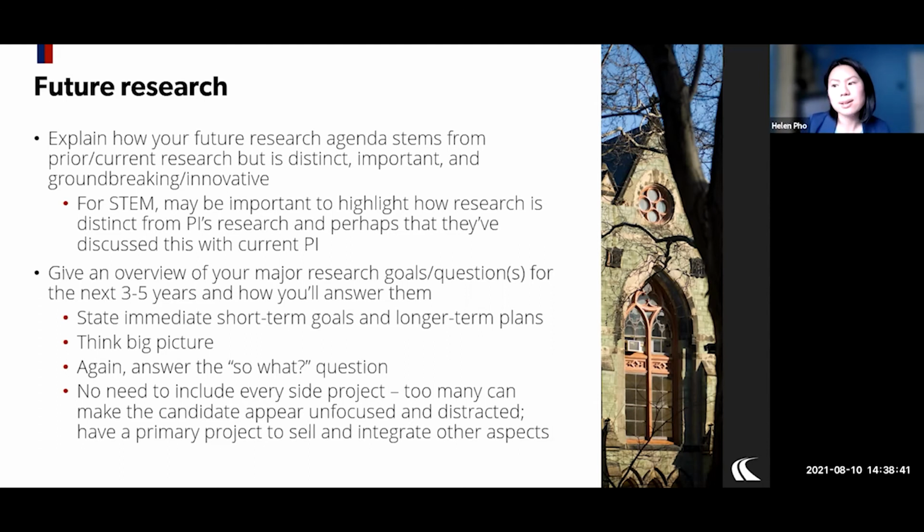And the reason for that is 3 to 5 years, I would say closer to 5 years, is the amount of time that you'll be able to demonstrate your research and carry out your research before you get evaluated for tenure.